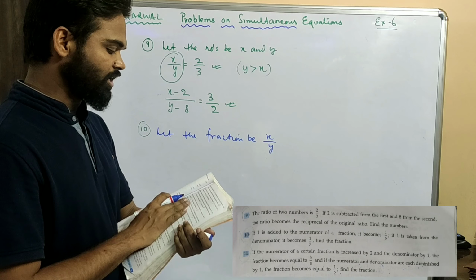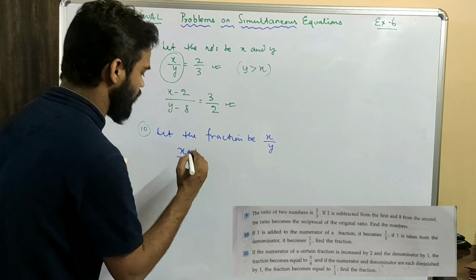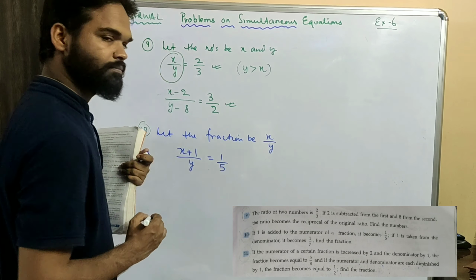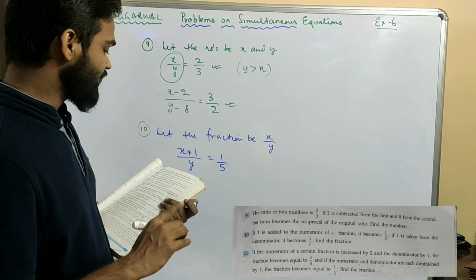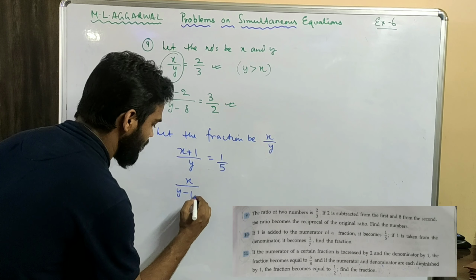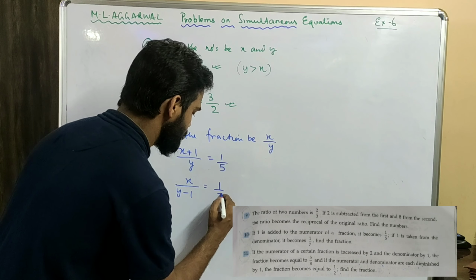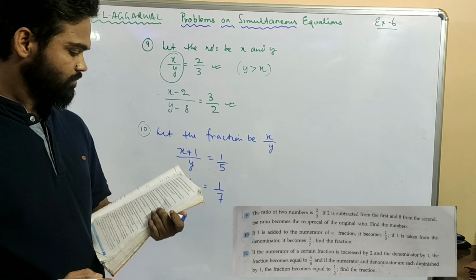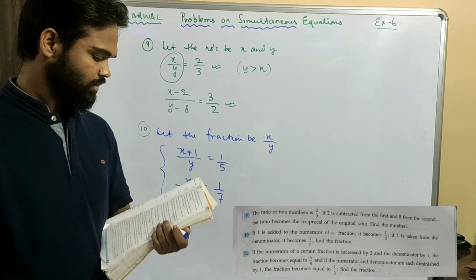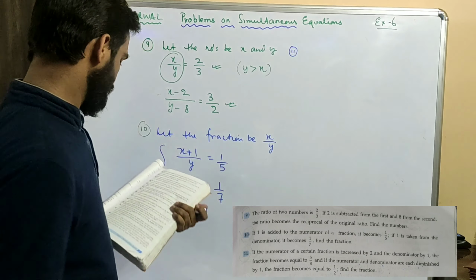If 1 is added to the numerator of the fraction, so x plus 1 by y, it becomes 1 by 5. Done. And if 1 is taken away from the denominator, which means x by y minus 1, it becomes 1 by 7. Done. Okay, these are the two equations. Cross multiply and solve it. Am I clear?